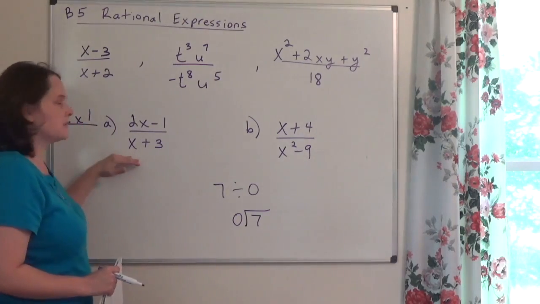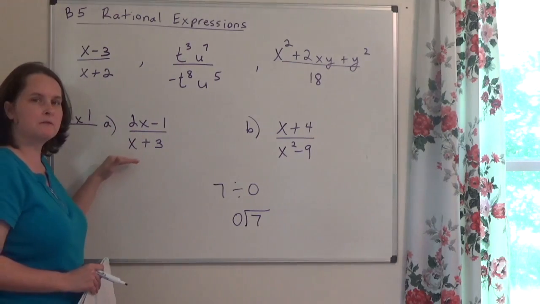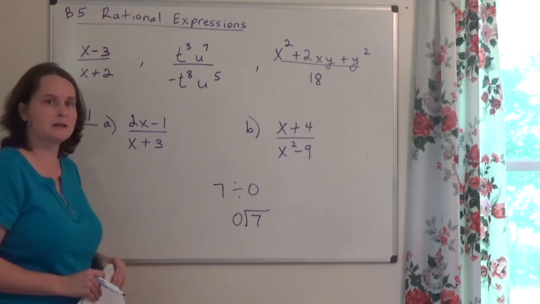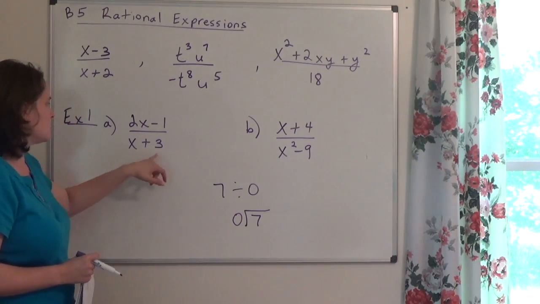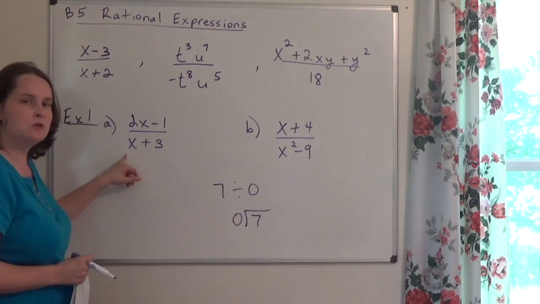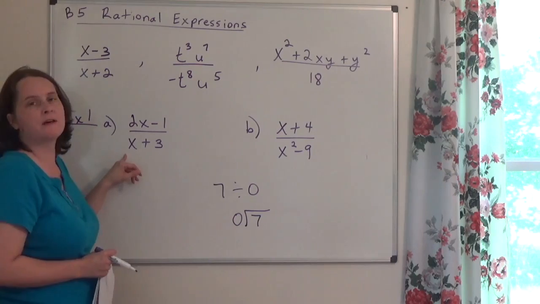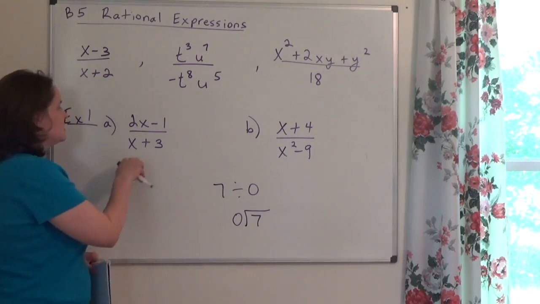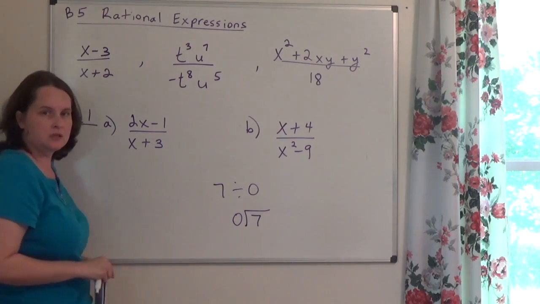So we're going to think about this up here. We have to be careful that we do not put a number in for x that would give us a denominator of 0, because that's the same thing as dividing by 0. So what number would I not want to put in for my x? In other words, what value of x would we think of as a restriction? If I put in -3 for x, then that would give me a denominator of 0.